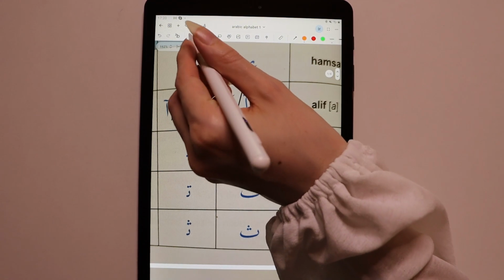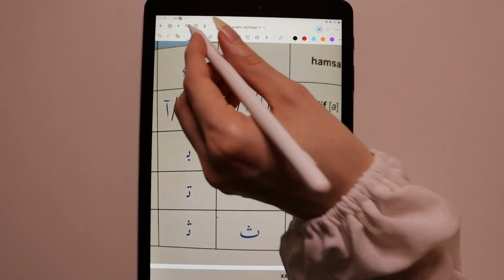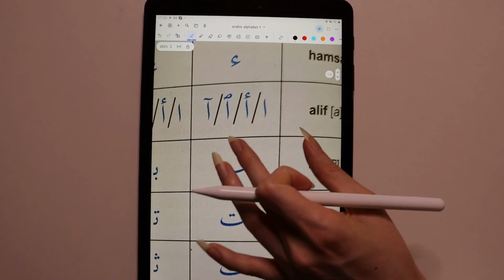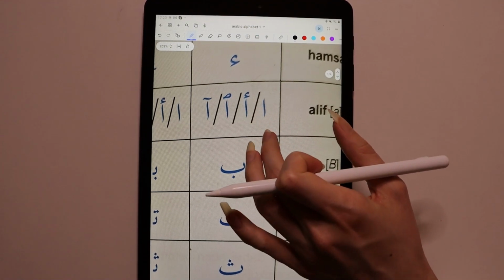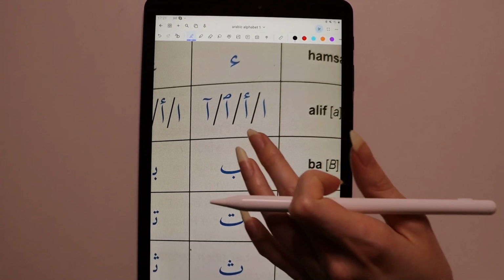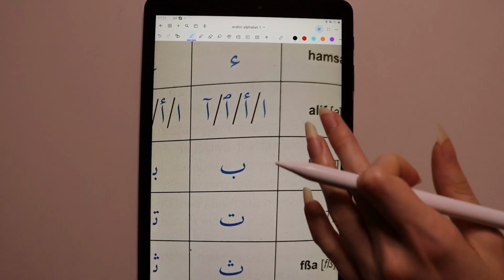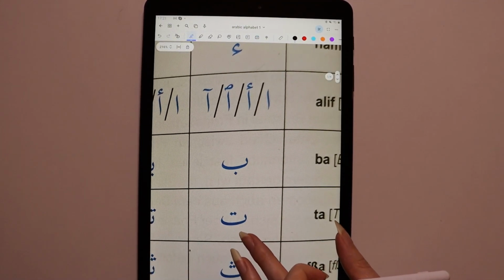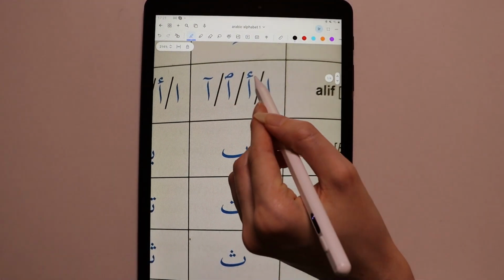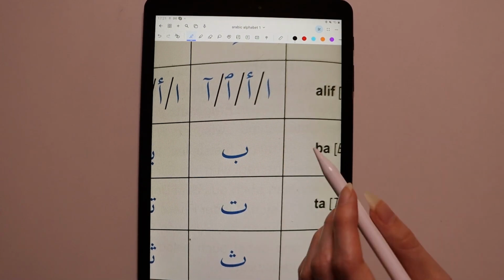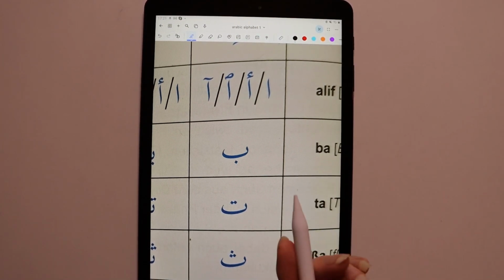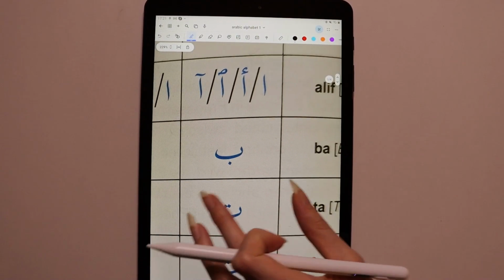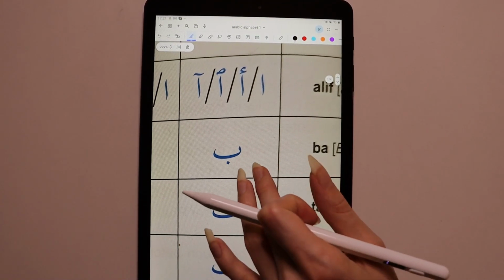So as an example, this is the Aleph, and Aleph is like an A sound. It can also be an I sound, so E, or a U sound. It also comes with different signs on top of it quite often, but quite often it also is an A sound. And then the ba is a B sound.